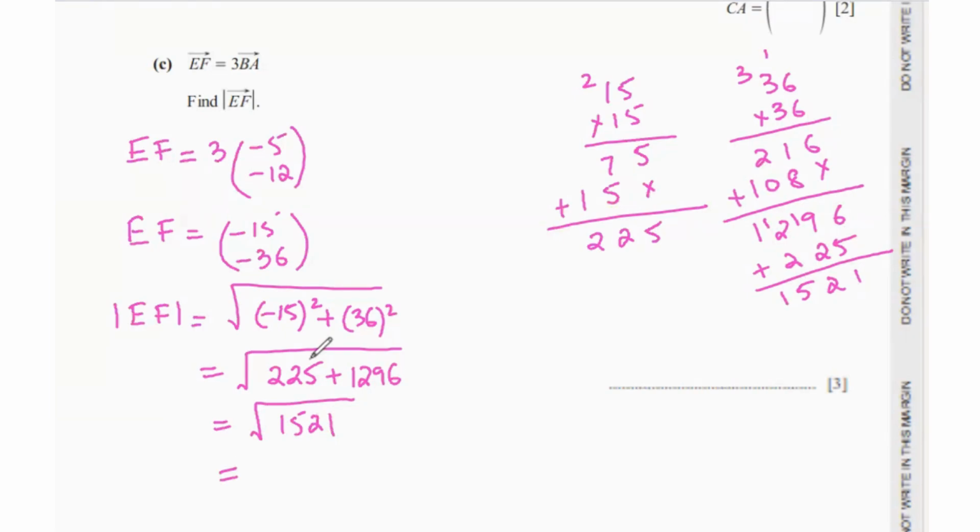Now to find the square root of 1521, we can prime factorize it. So to prime factorize this, we can see that this is divisible by 3. Because when you divide 1521 by 3, it's going to be 507. 507 will again be divisible by 3 because when we add the digits of the number 507, 5 plus 7 gives us 12. And 12 is divisible by 3.